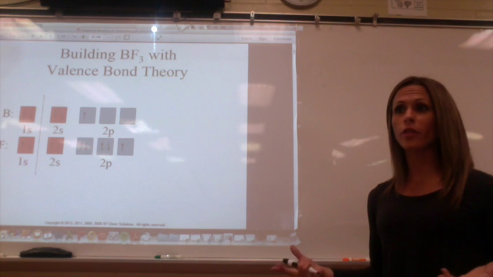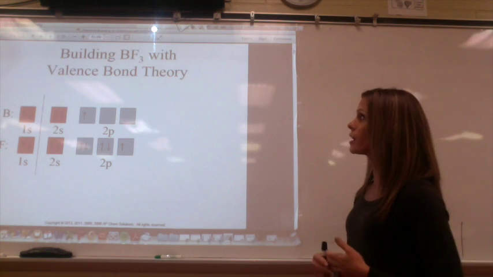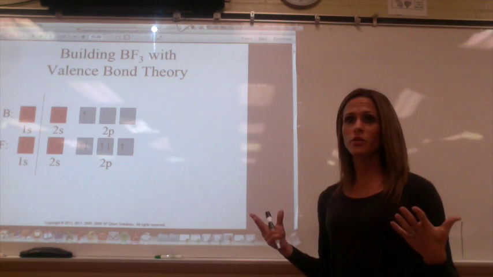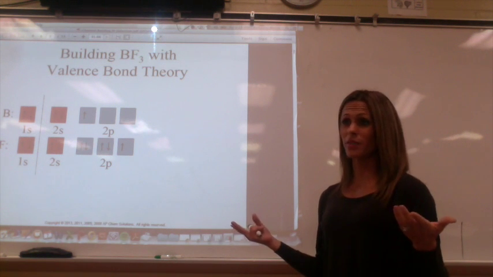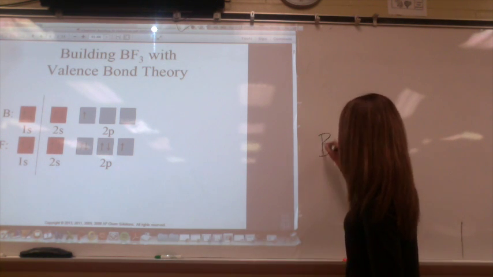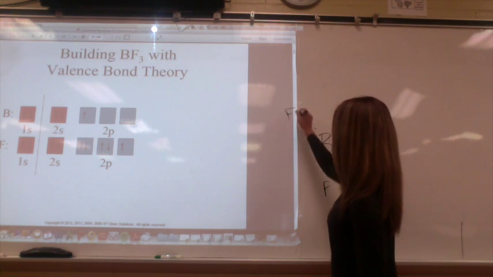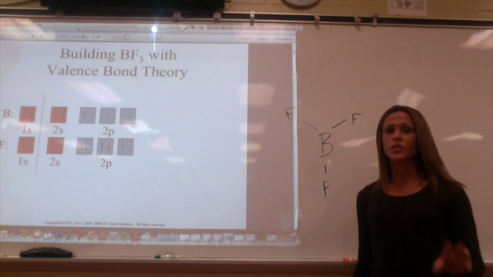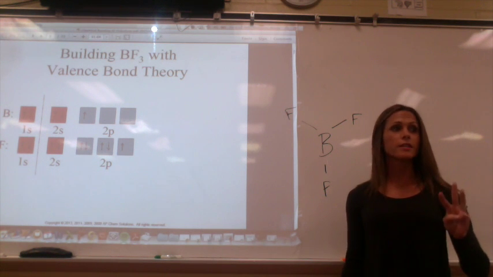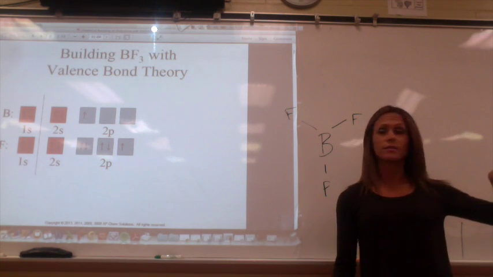Like, we can't create more than 3 bonds with boron. We know that. So BF3, if we draw our geometry from yesterday, we would kind of see what this is going to happen. We know that BF3 is going to end up with just the 3 bonds in a trigonal planar geometry, right? So we have to bond 3 fluorines in the valence electron shell.